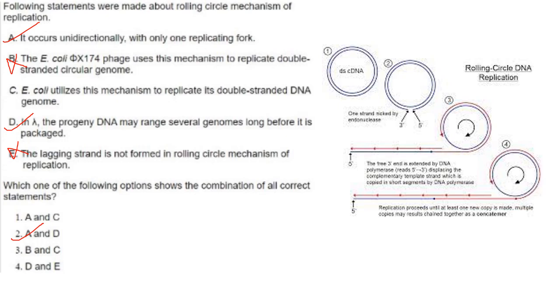Then the next one. The following statements were made about the rolling circle mechanism of replication. So, the rolling circle mechanism of replication we will see. A nick is formed in the circular, double-stranded DNA by an endonuclease. You get a 3' end and a 5' end.